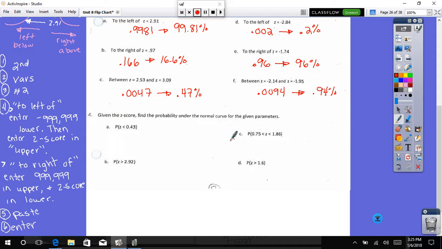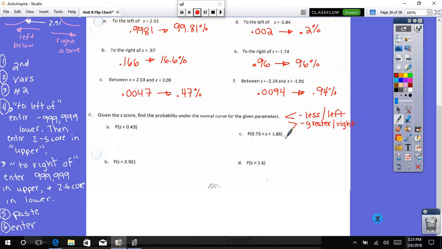Okay, number 4 is asking you the same thing, except it is listed using our greater than, less than symbols. So remember, this is a less than, or to the left of. This is a greater, or right.